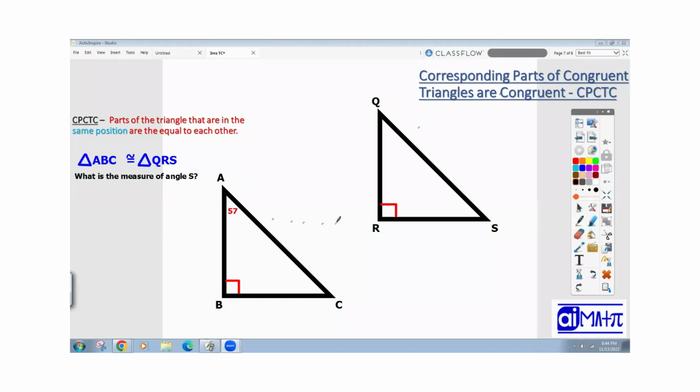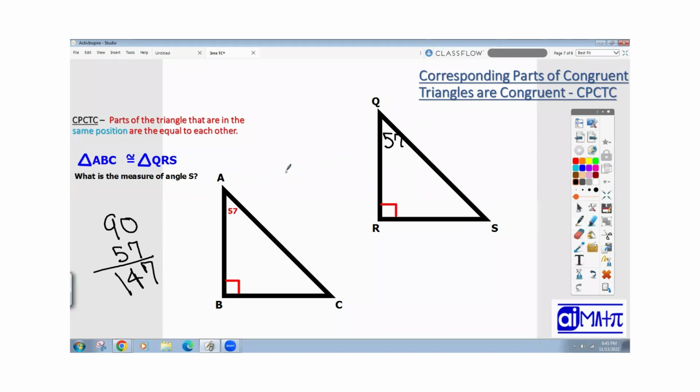So I'm looking for the measure of angle S, which is here, and I have to take what I already know. There is an indicator here that lets me know that this is a right angle. So if this is 90 degrees and this is 57, that means over here this is 90 and this is also 57. So what I have to do is find out what is 90 plus 57. That is 147.